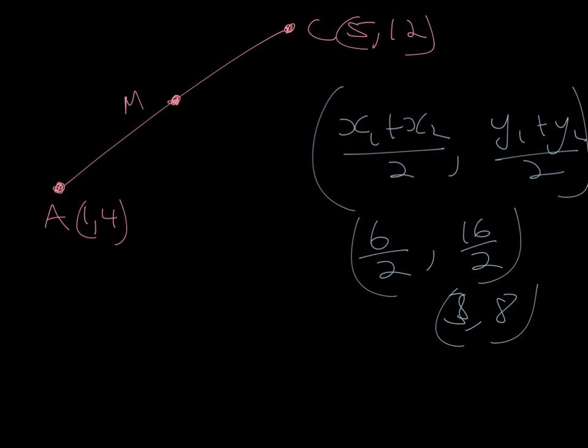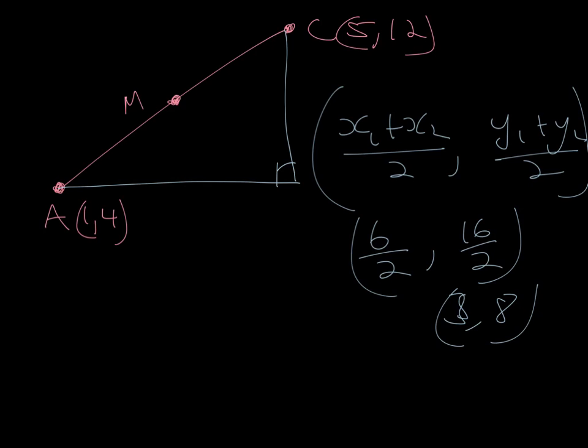So the simplest way of doing this is recognize that we can interpret this as a right angle triangle and use Pythagoras to find this length. So the way that we can find the base of the triangle is going to be look at the difference between the two x coordinates.